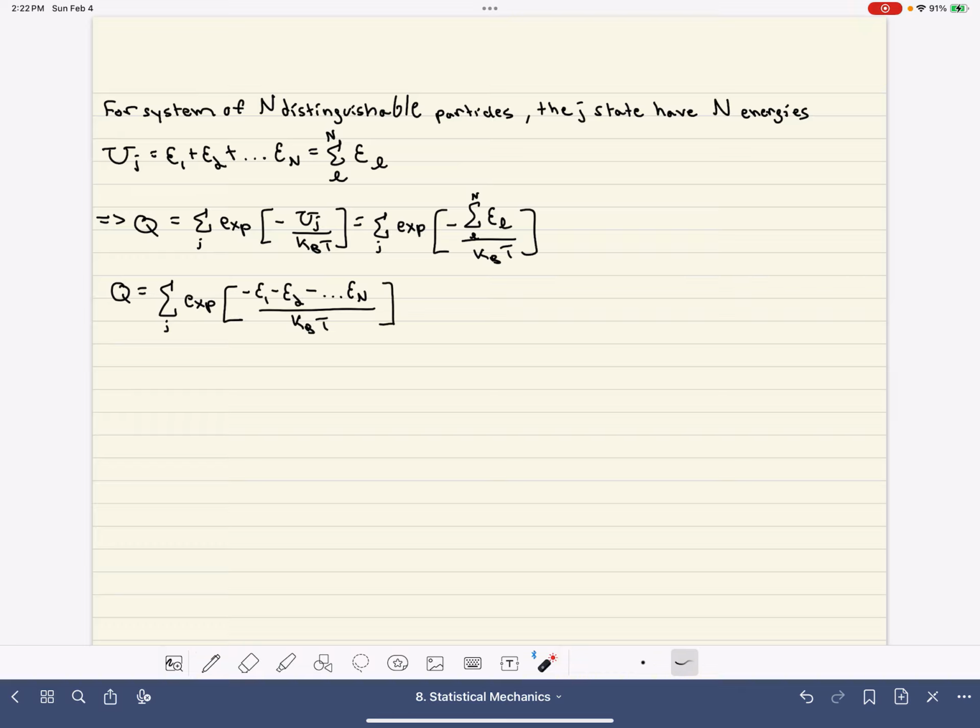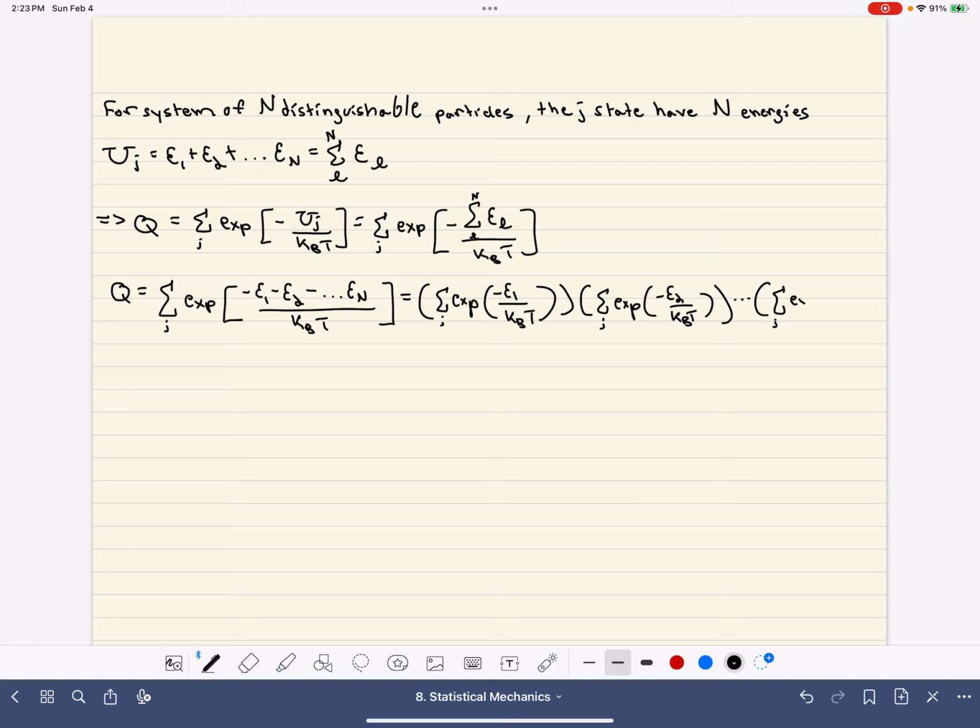Because we're dealing with exponentials, and we have this sum in the numerator here, we could write that by splitting it up into different exponentials. Epsilon 1 over kBT times the summation of exponential negative epsilon 2, and then dot dot dot multiplied by another summation of exponential negative epsilon n over kBT.